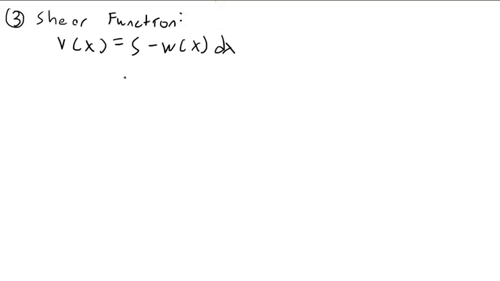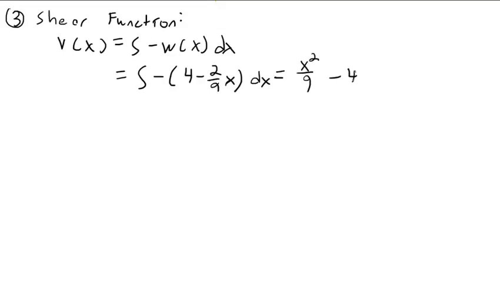The integral of negative 4 minus 2 over 9x dx is equal to x squared over 9 minus 4x plus a C. But I'm just going to call this C1 because we're going to have another C for the moment later on.